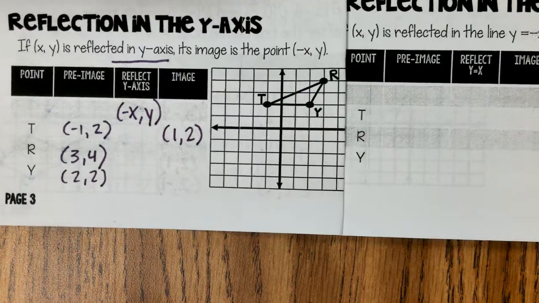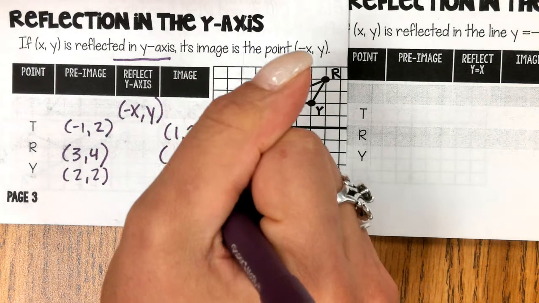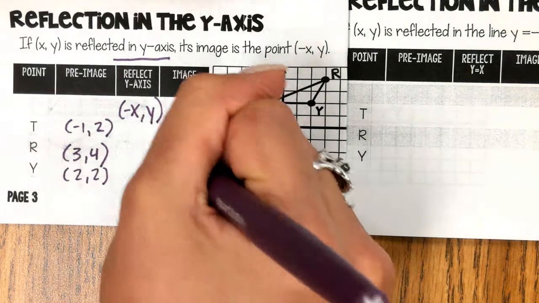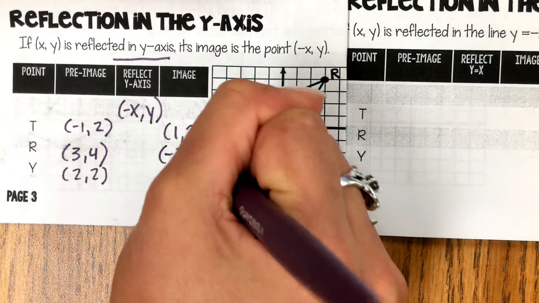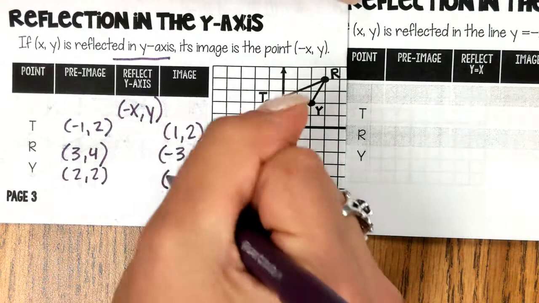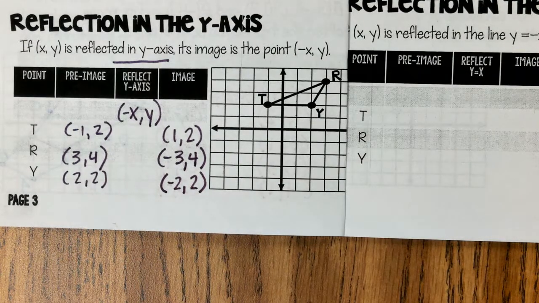What is the inverse of +3? -3, right? And then 4 stays the same. And then what about +2? -2, 2. All right. Okay, go ahead and graph those.